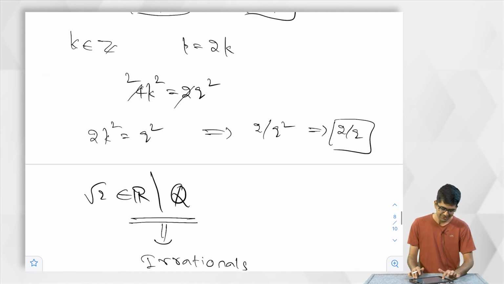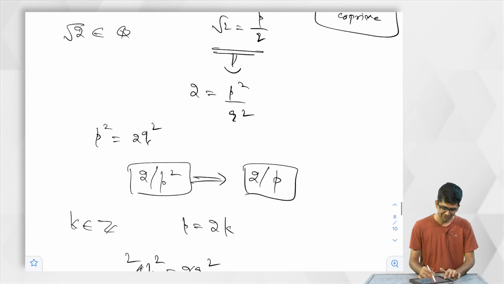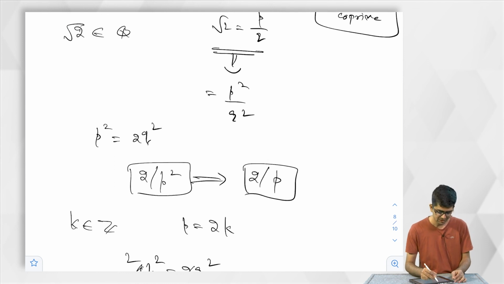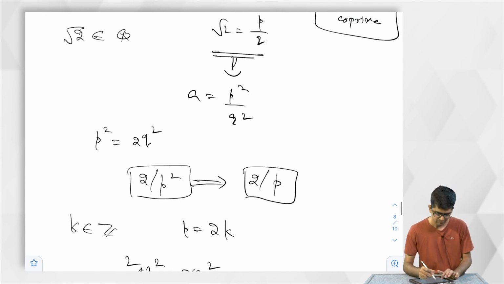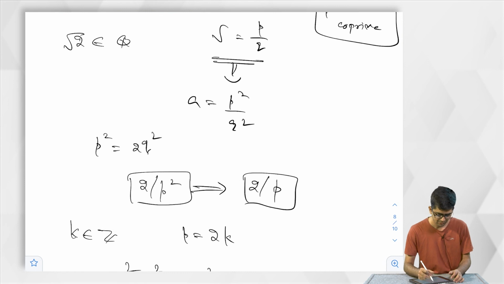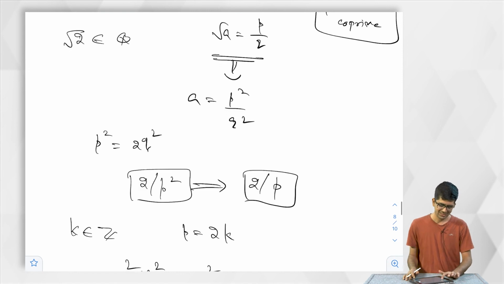One can do the same thing for any other positive element A. Whatever I have done here, one can do the same for A also, but there is a slight problem.